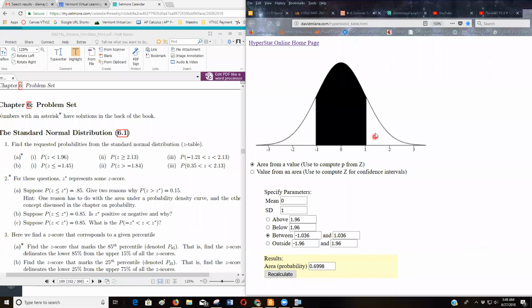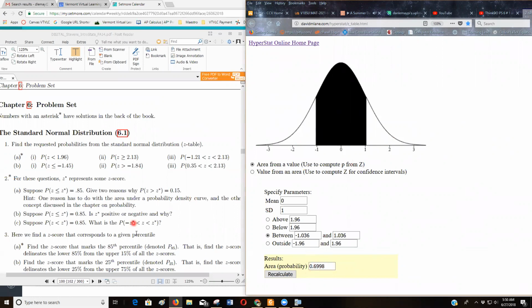Because this is 15%, this tail is also 15% because they're symmetric. 15 plus 15 is 30, 100 minus 30 is 70. That area is about 70%, 0.70. And of course, if you round that to 2 decimal places or even 3 decimal places, that's what you're going to get.